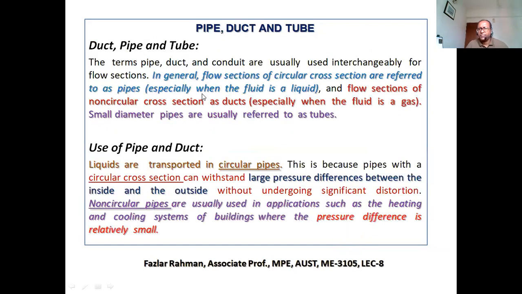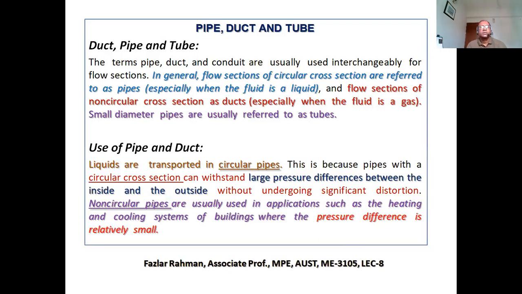Now, a lot of times when you go for a job interview, or even when you call a mechanic to fix your air conditioning or refrigerator, sometimes they say, I need a tube. Okay, you need a pipe. So what is the difference between duct, pipe, and tube?